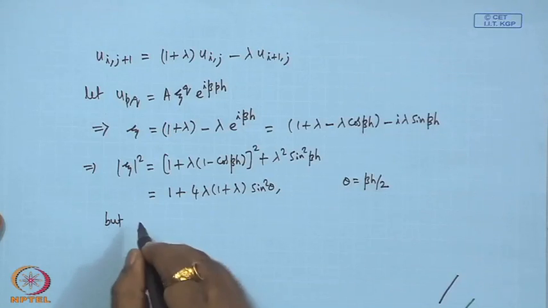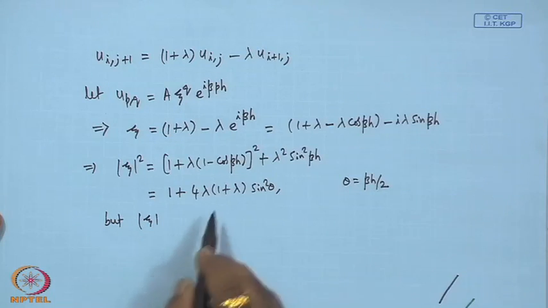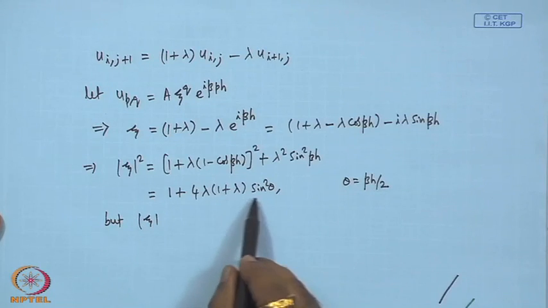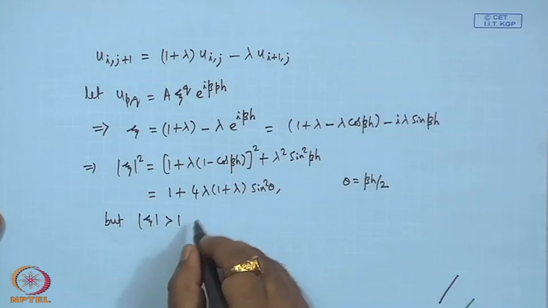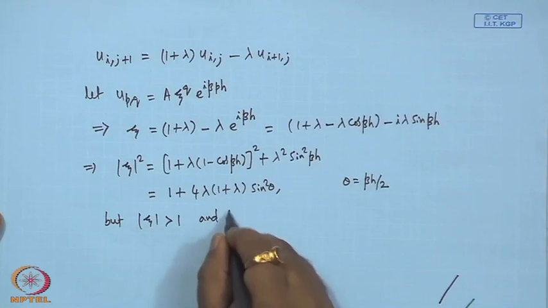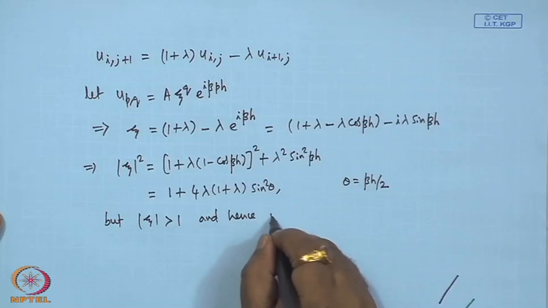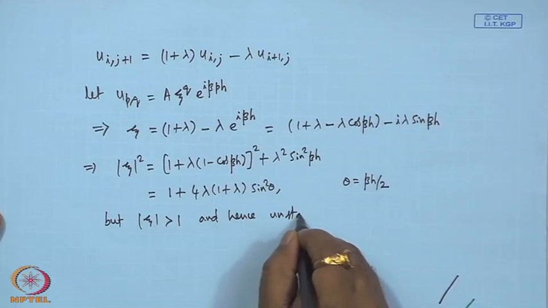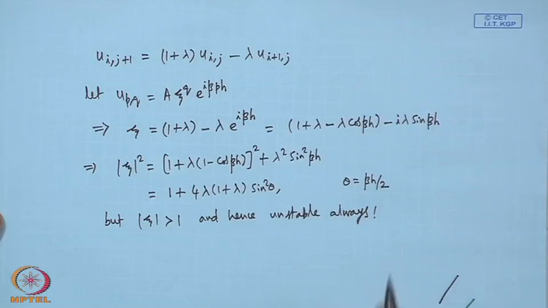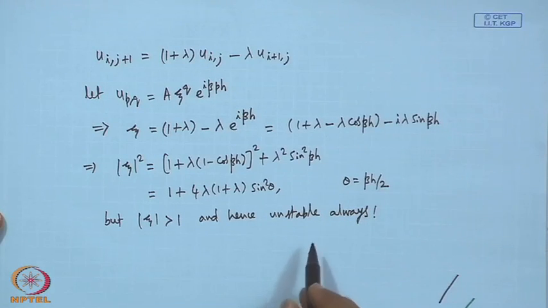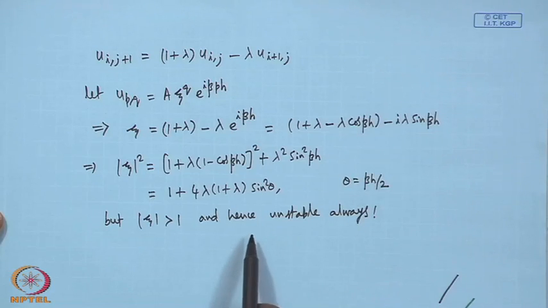But we can observe that this term is positive, so this is greater than 1 and hence the scheme is unstable always.